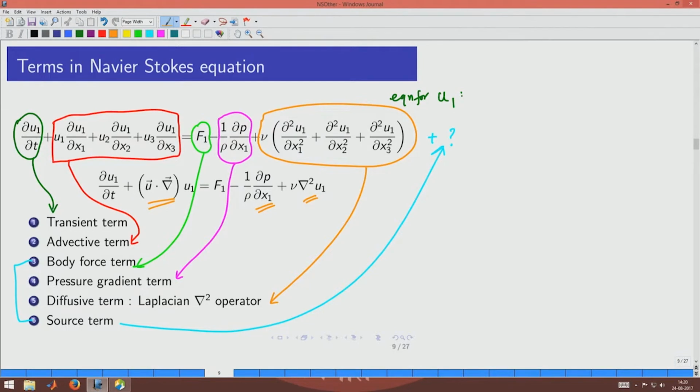But there is a warning: curvilinear coordinate systems like cylindrical or spherical have additional terms coming in, so we have to watch out for what additional terms are required. Otherwise it is the same concept, and once you understand how these terms have come about, you have understood how the Navier Stokes equation has come about.